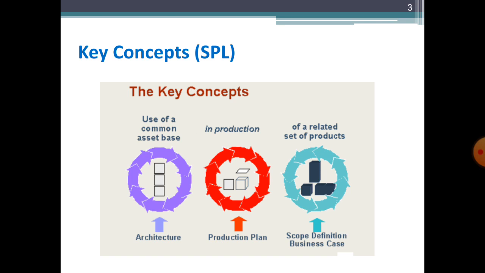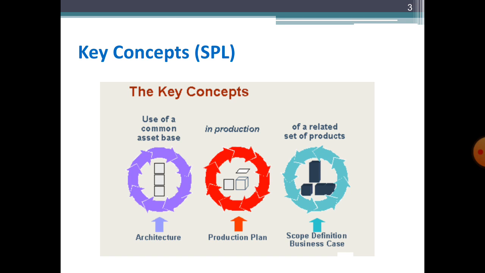So these are the three key concepts of software product line. The first one is about the architecture, which is the use of a common asset base. So what is a common core asset base? As we discussed, a core asset base can be a component, structure, services, architecture, application domain, frameworks, library, tool, development or execution platform.